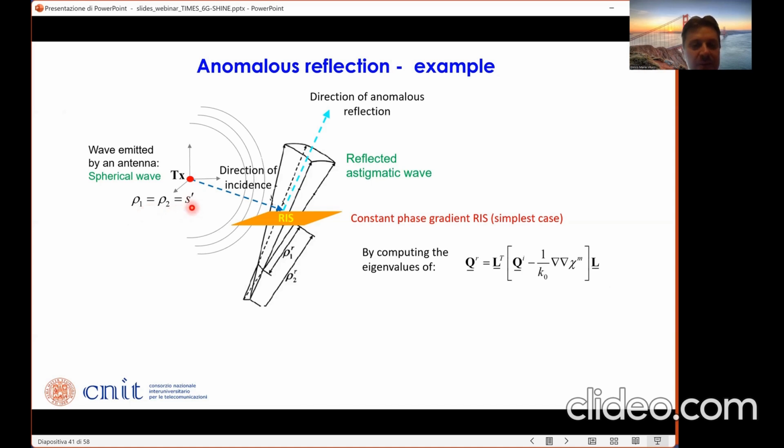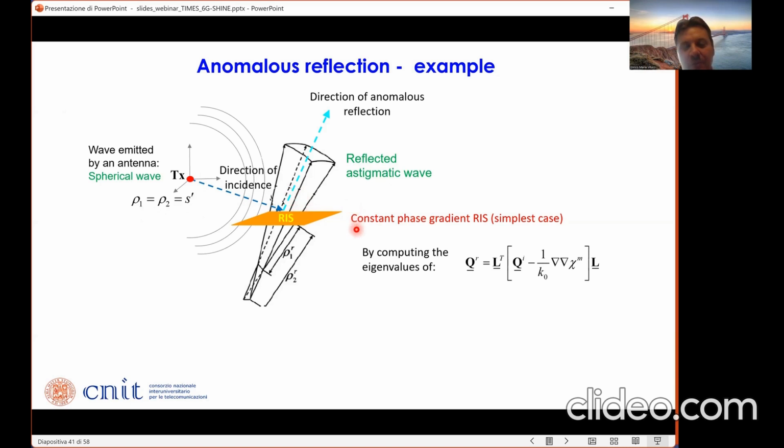We can call them with the symbol S prime. And when this spherical wave hits a RIS, the shape of the wavefront is modified.